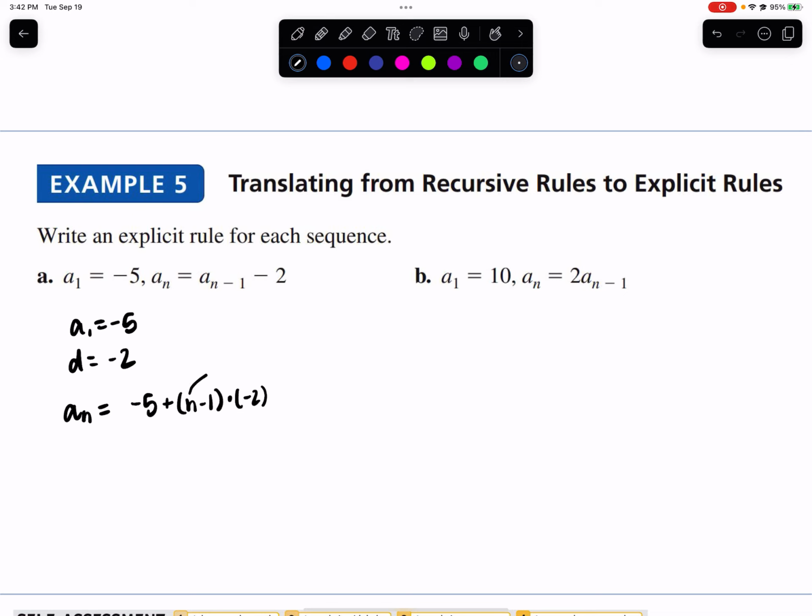And then think back to when we did arithmetic sequences, we are going to simplify. So negative 5 minus 2n plus 2, and then combine like terms, negative 5 and positive 2, to get negative 3 minus 2n.